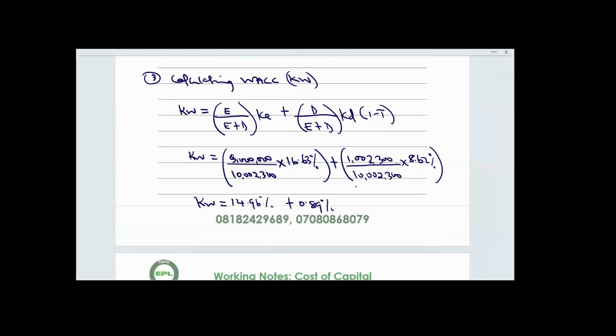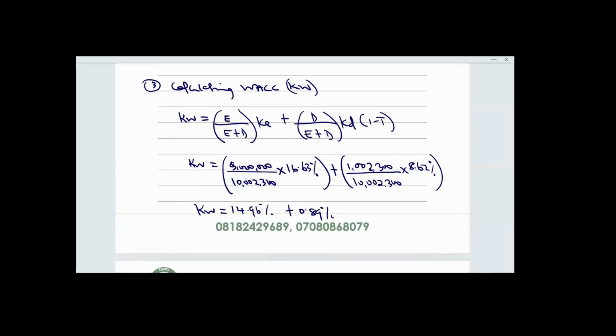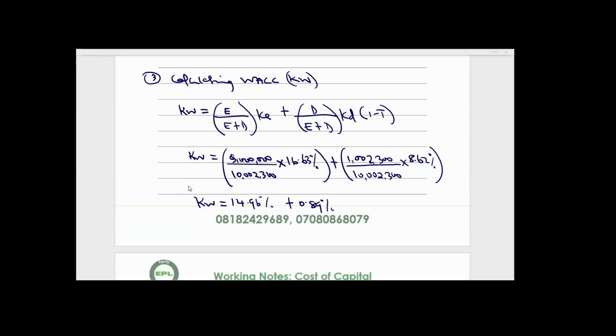So 8.62, let me see. From the calculator, 8.62, okay. 1,002,300 divided by 1,002,300 equal, then 8.62 equal, that's 0.86.